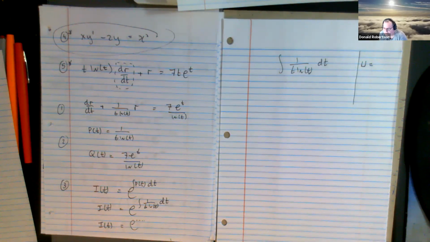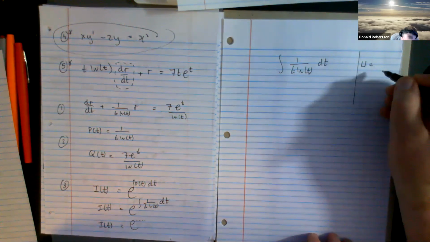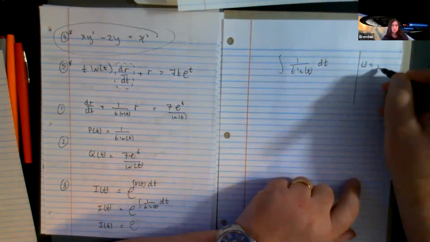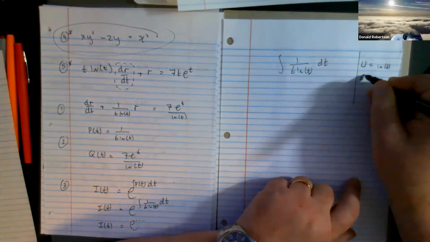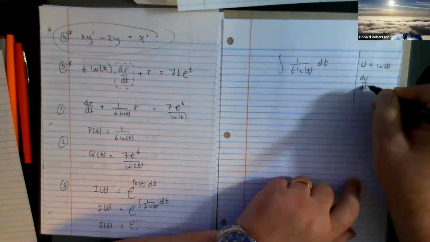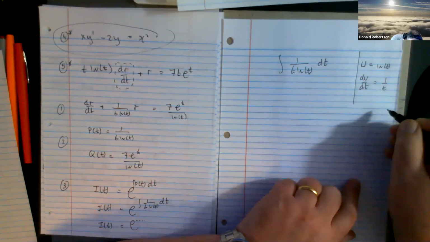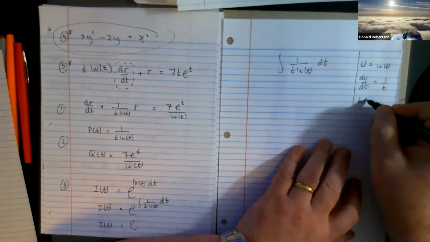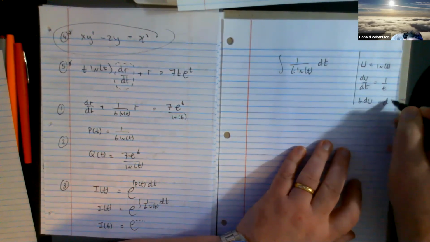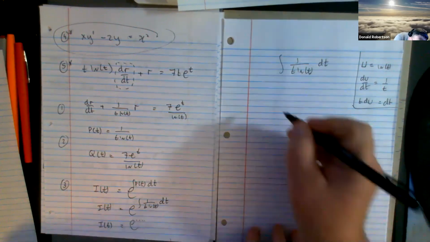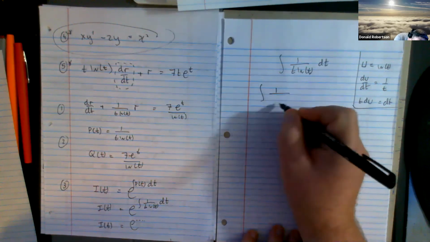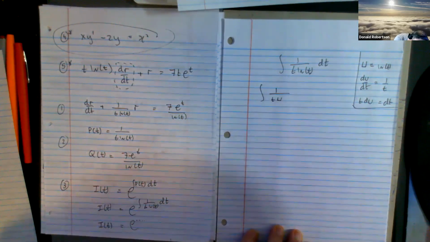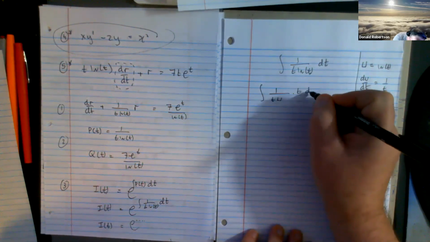Hopefully it's obvious, but I'm not sure. What would it be? Natural log of t. And if you differentiate with respect to t, you get 1 over t. And if you do the crossover, you got kind of lucky, right? So it ends up being 1 over t u times t du.